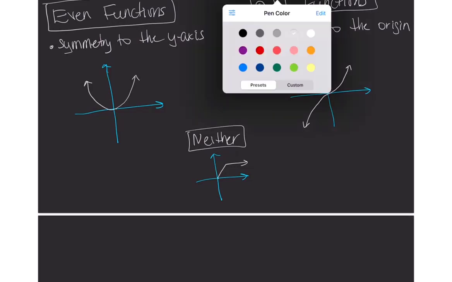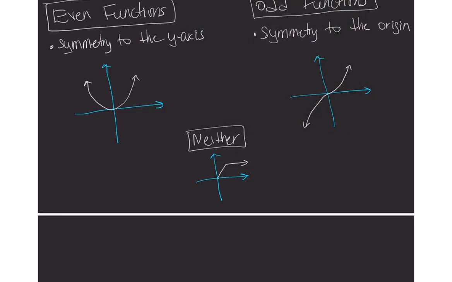So let's start with an equation or a function. We'll start with some evens. So if we had this nice cute little f of x equals, let's say, x to the fourth minus 2x squared. We know it's a fourth degree polynomial type thing.